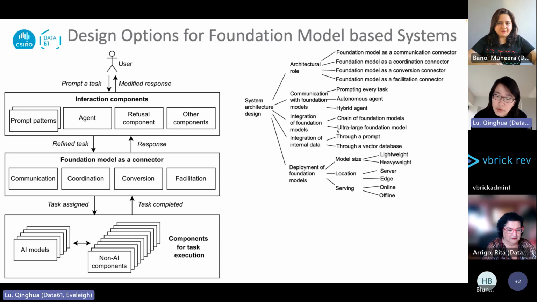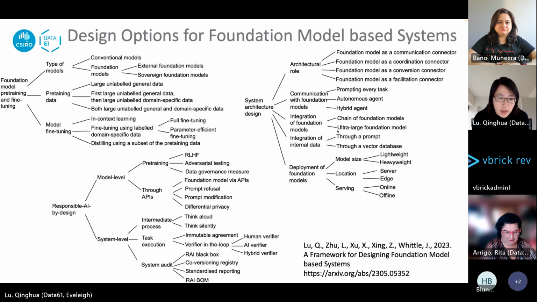And there can be also some options for deployment of foundation models in terms of the model size, location, and the serving types. And the last category is called responsible AI by design. So we summarize model level mechanisms and system level mechanisms. For example, to check the outcome from the foundation model, you could have the verifier in the loop. It can be a human verifier or another AI assistant verifier.